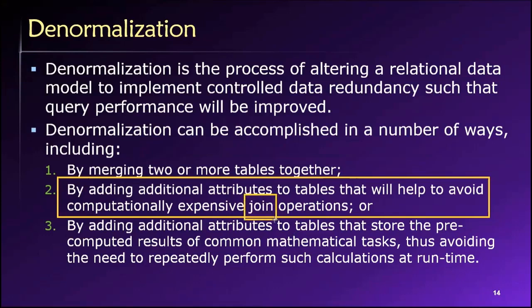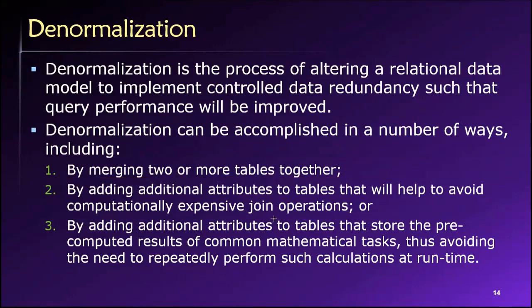I have to join multiple tables together in order to answer the query. So if I can avoid that join, or put differently, if the database is able to answer the question by looking in just one place, by looking in just one table, then it naturally will be much, much faster than if the database has to look in multiple places and do a join in order to answer whatever question we're asking of it.